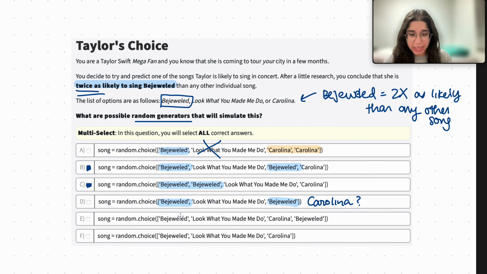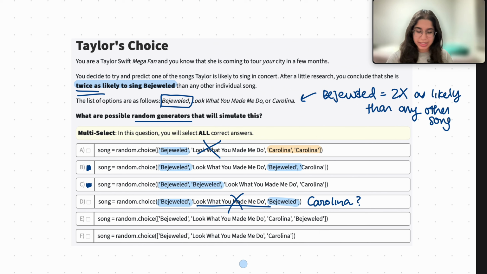The fact that it only includes Look What You Made Me Do means this generator reflects that she is twice as likely to sing Bejeweled than this one song, not all of the other songs in her album. We want to make sure that every other individual song also occurs in this generator. Because Carolina doesn't occur here, this is wrong. I believe this is an answer choice that doesn't contain the entire sample space.